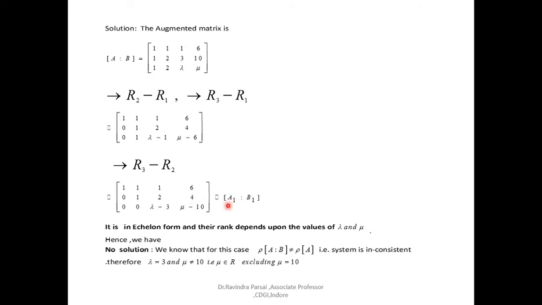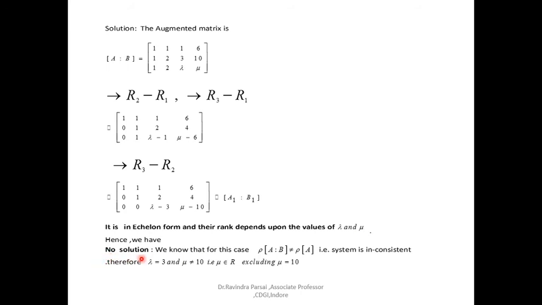This is your echelon form, and the ranks depend upon the values of lambda and mu. So we come to analyze these cases to find the values of lambda and mu.